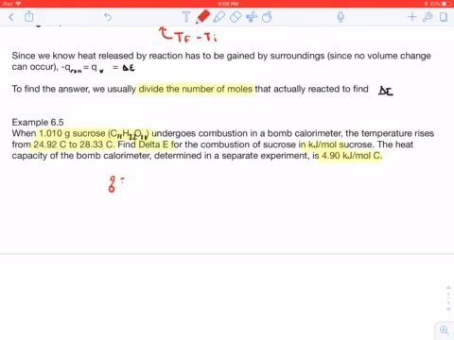So let's just start plugging our stuff in. Let's use our formula first. Q equals C cal times our delta T. So our C cal is 4.90. Our temperature change, if you recall, is final minus initial. So we're going to take 28.33 and subtract 24.92. This comes out to be 3.41.